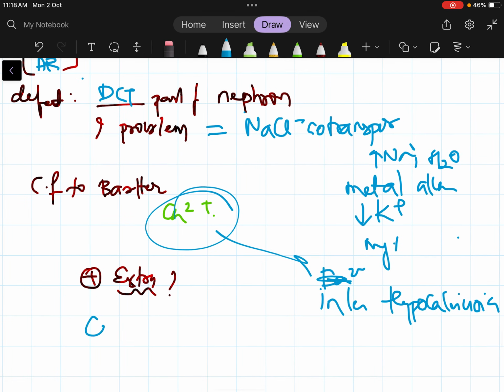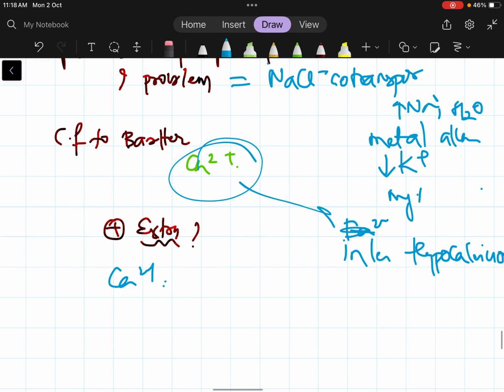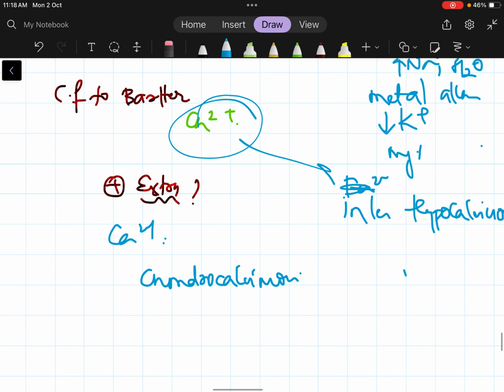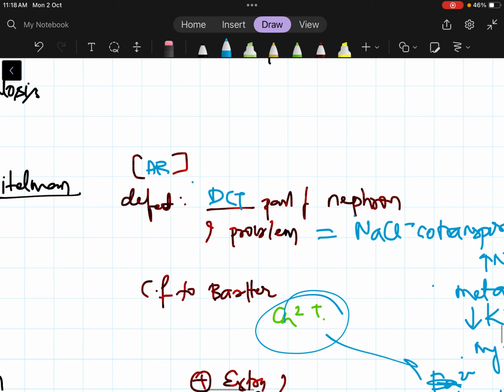But this calcium may get deposited in muscles, tendons, and cartilage, leading to chondrocalcinosis, leading to some neuromuscular symptoms such as fatigue, weakness, carpopedal spasm, tetany, and cramps. This is an important differentiating feature between Bartter syndrome and Gitelman syndrome. It is a milder form of Bartter syndrome with late onset.